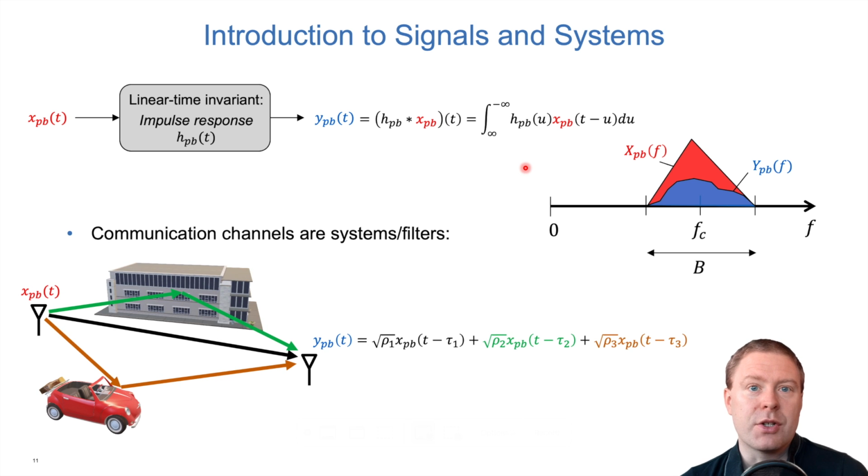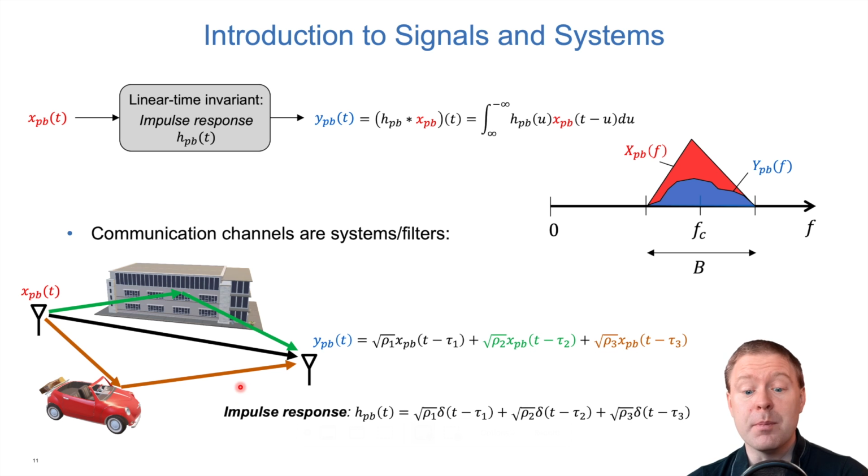So what can a communication channel look like as a system filter? Well, you transmit the signal from an antenna, and when you receive it over here, you are getting different copies of it. The signal might bounce off this building, it might go directly, and it might bounce off this vehicle here. The direct path will have a particular delay and a particular attenuation. The reflected path will have another attenuation and another delay, and this path will have yet another delay and attenuation.